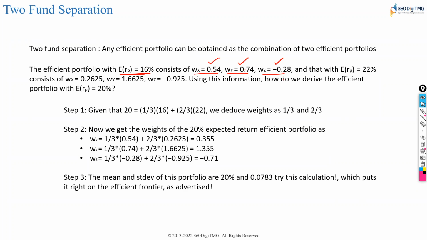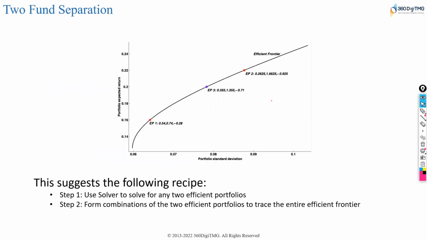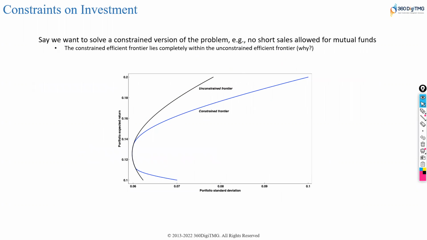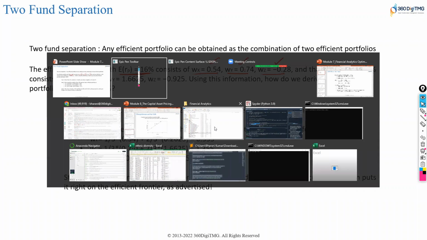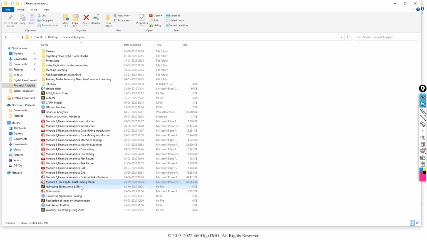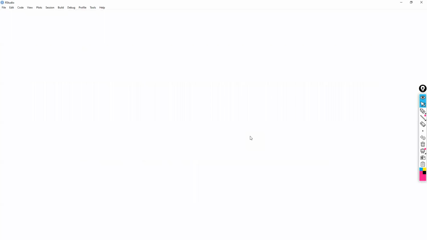In these proportions only you need to invest in the stock. Now, what I shall do is, at this point of time, let me quickly open R Studio and help you understand how to do this calculation quickly.